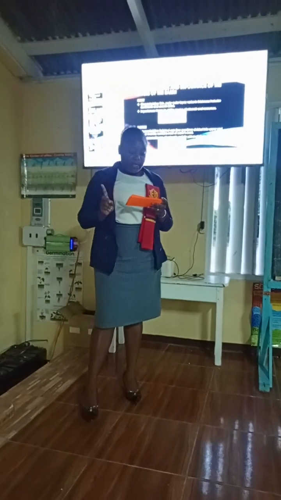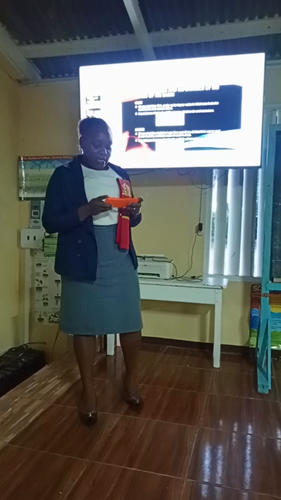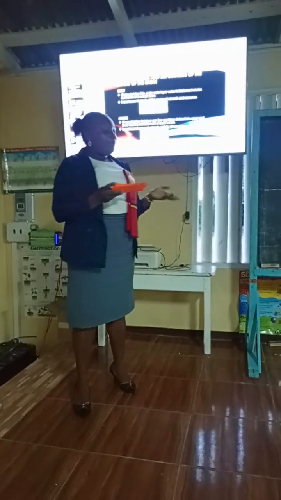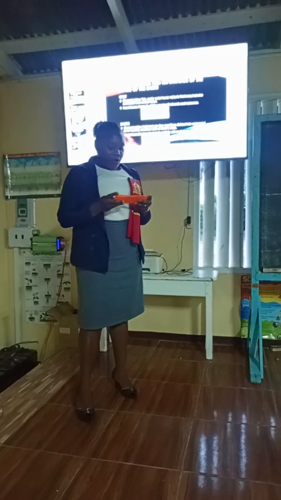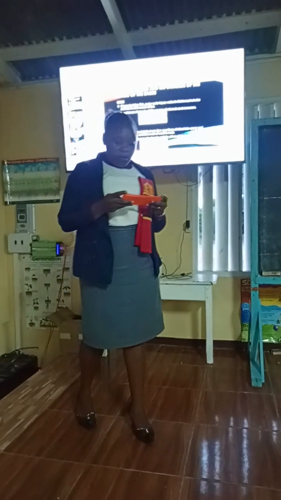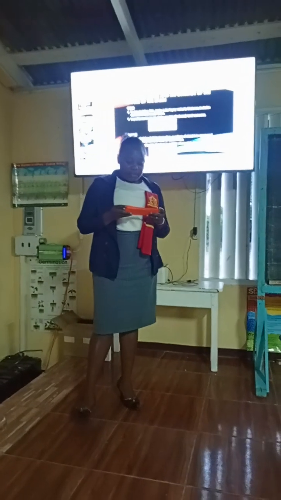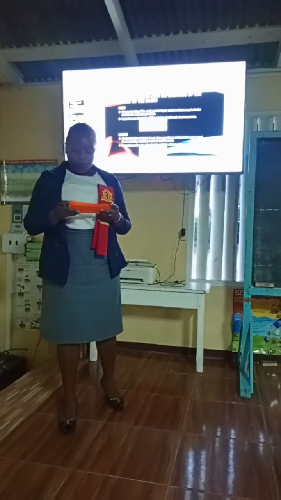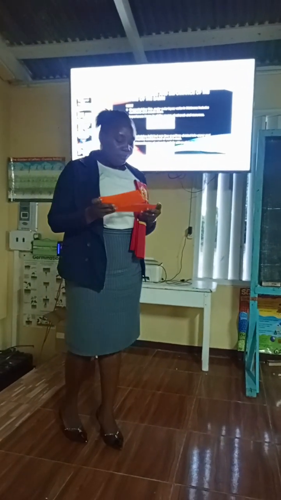Continental crust, thicker, 30 to 70 km, less dense and composed mainly of granite. The importance of the crust. The crust is where we live and where all geological processes occur. It contains the resources we use and supports all life.